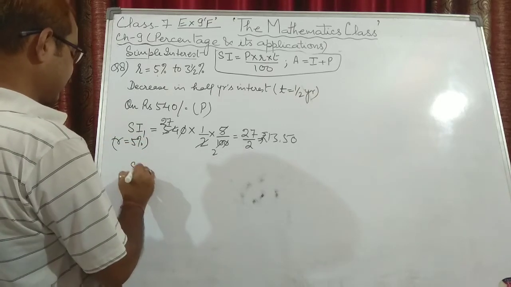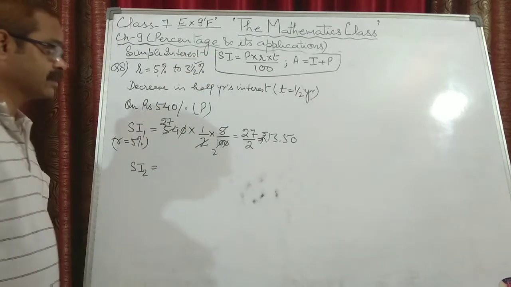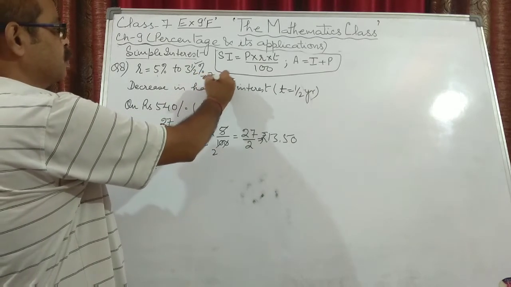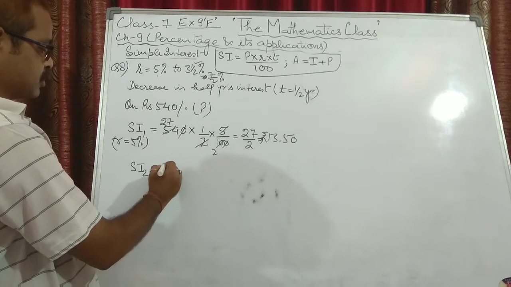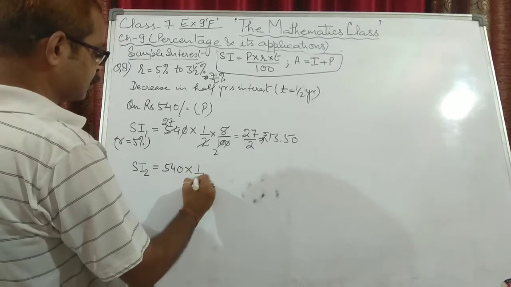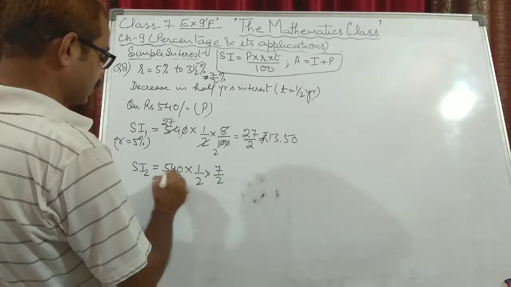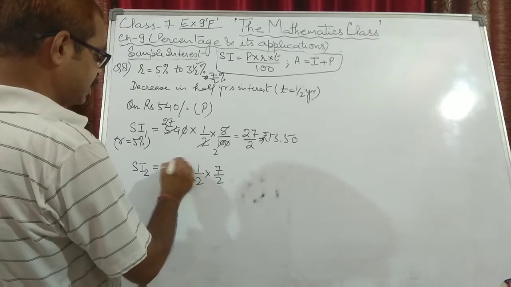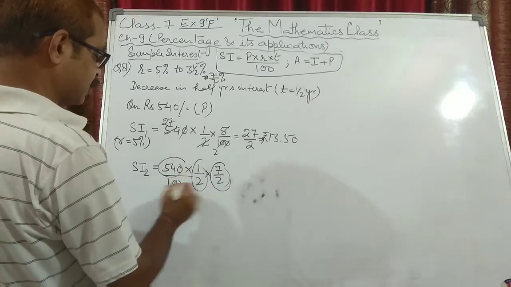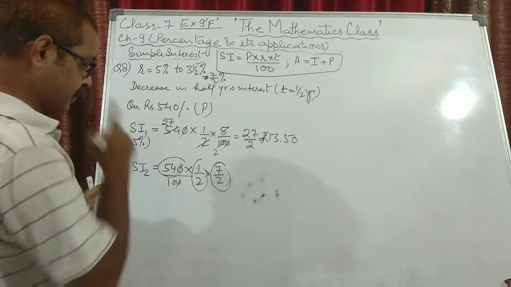Now we will calculate SI second, or second case we are taking interest as 3 whole 1 upon 2. 3 whole 1 upon 2 means 7 upon 2%. Principal is again the same 540. Time is again 1 upon 2 years, but rate of interest is 7 upon 2 and it will be upon 100. P R, this is R, this is P and T upon 100. So like this. Now when you solve it out, 0 and 0 cancelled.